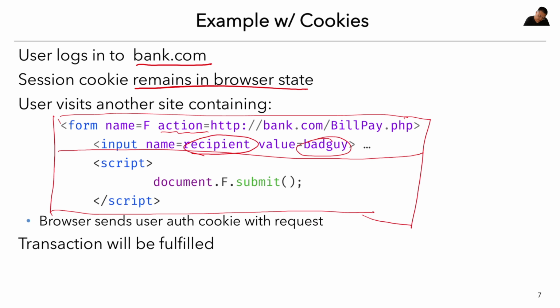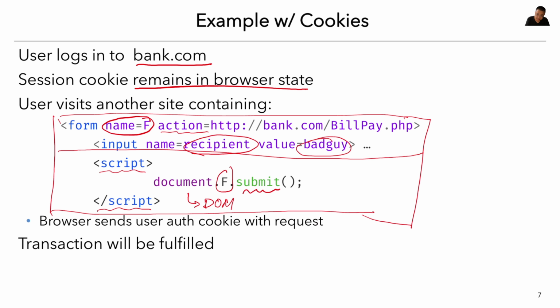Okay. So here this will be a short sequence of JavaScript. document.F.submit. The F is the form here. Document is the DOM, the document object model of this web page. F.submit means submit this form.